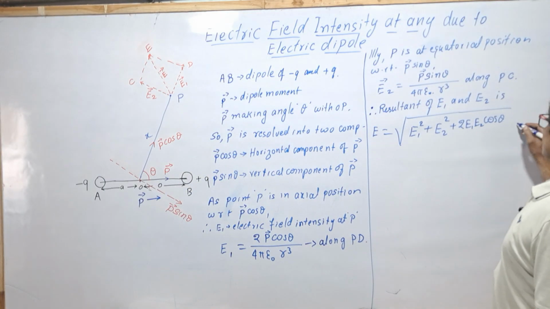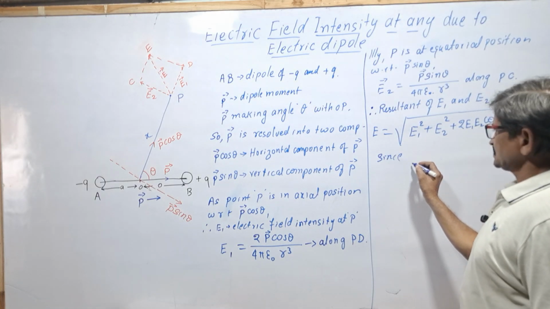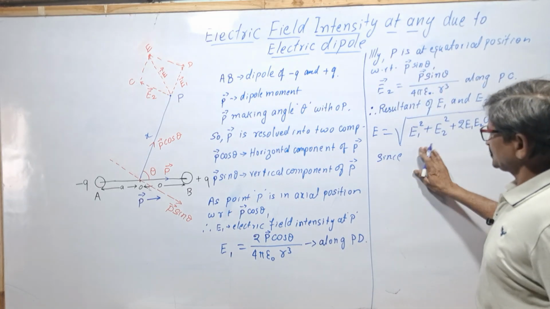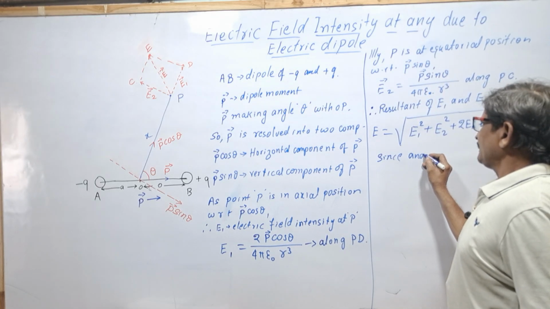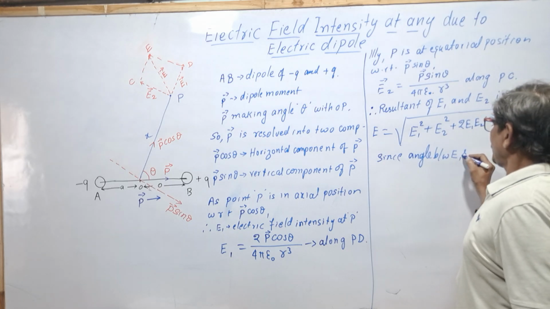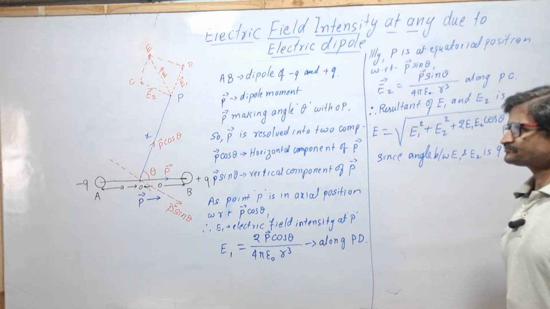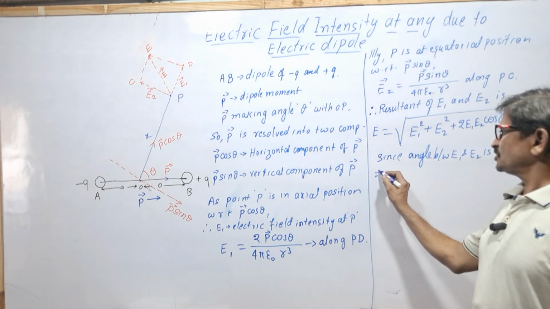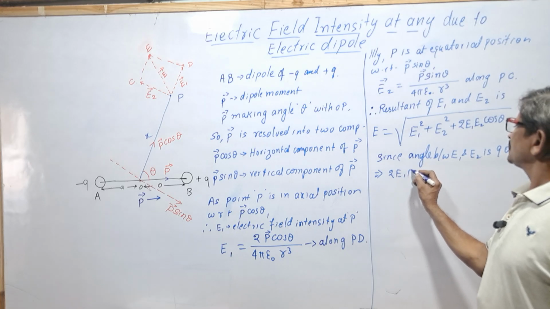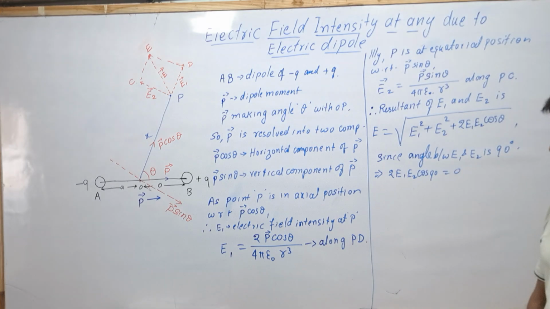So therefore, since the angle between E1 and E2 is 90 degrees, this term 2 E1 E2 cos 90 becomes equal to 0.